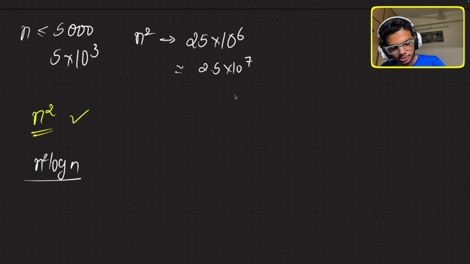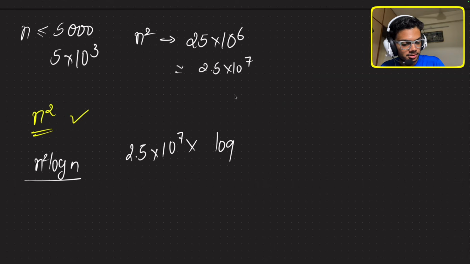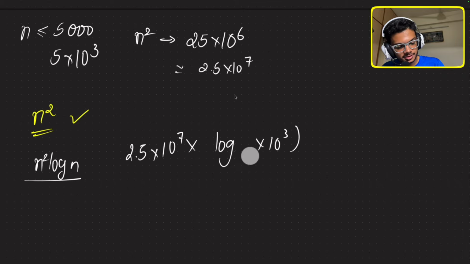Let's see. To this factor, 2.5 into 10 power 7, you will have to append log of 5 into 10 power 3. Now even if you ignore this 5, what is log 10 power 3? I guess you already know, we have discussed it a lot of times. This is actually about 2 power 10, so log 2 power 10 turns out to be 10.